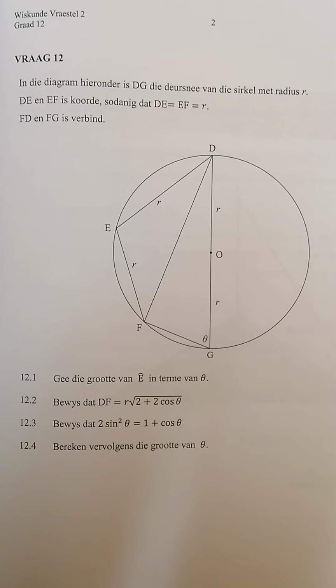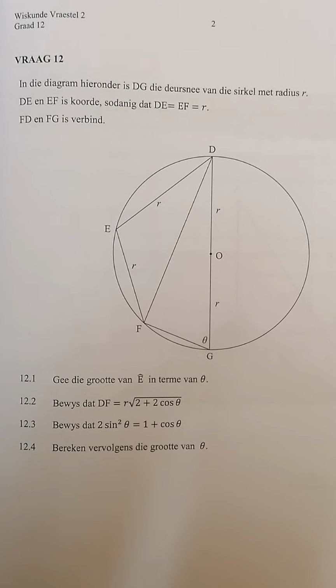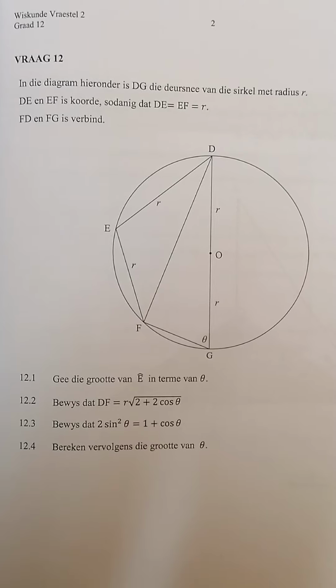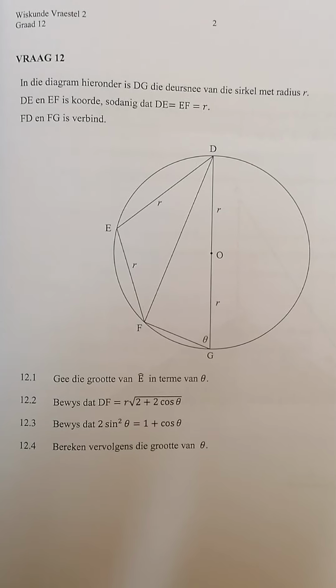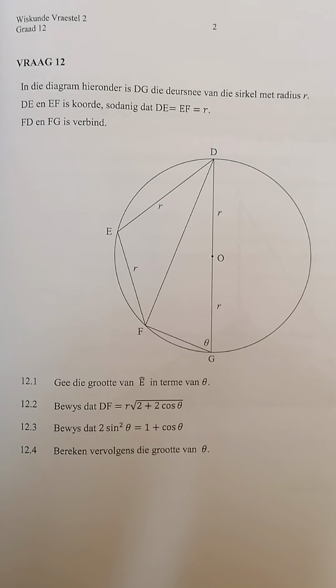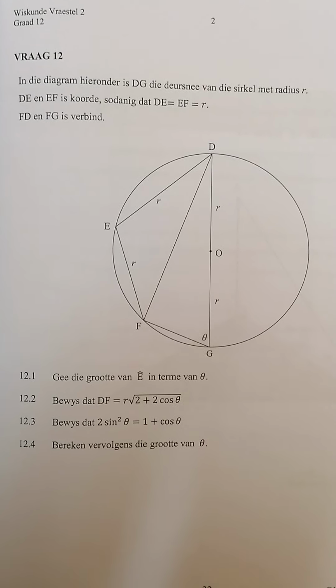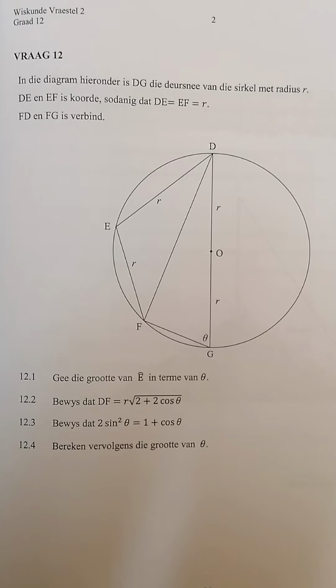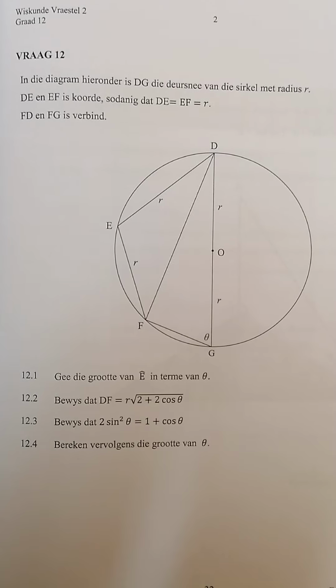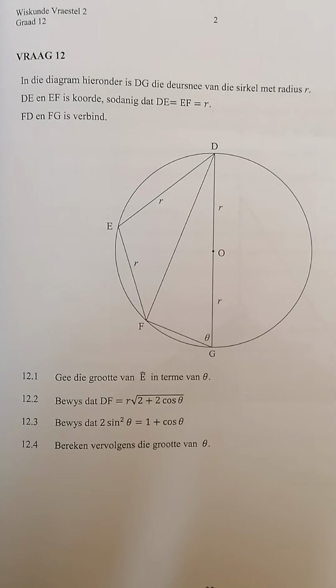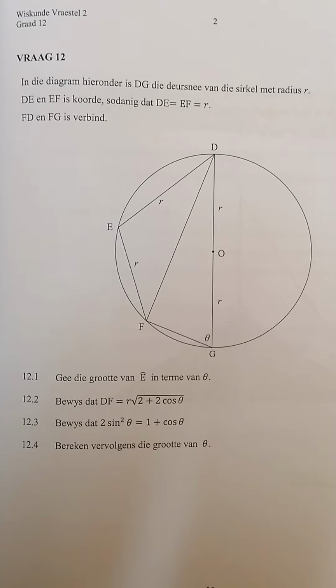Now, we are being told that the side DE is equals to side EF in triangle EFD. Each one of them is R. Now, it is said that DF or FD and FG connects.